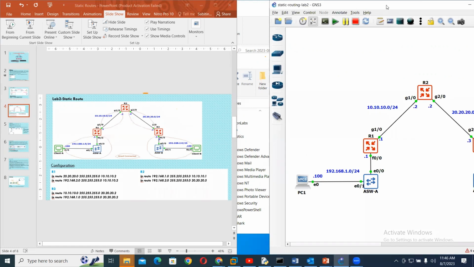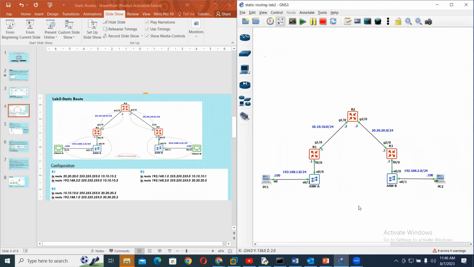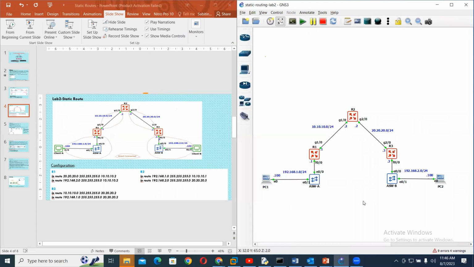Okay, here now we have the same. As you can see, we have PC1, PC2, and our network diagram. So we now have to configure IP routes in R1, R2, and R3.